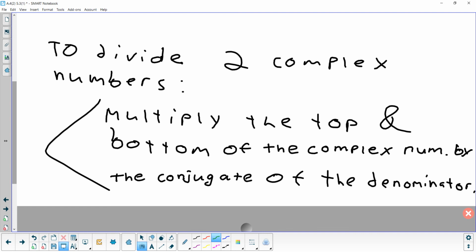And really the whole point of doing that is to make the i in the bottom go away. So to divide two complex numbers, figure out the conjugate of the denominator, and multiply the top and the bottom by the conjugate of what's in the bottom.